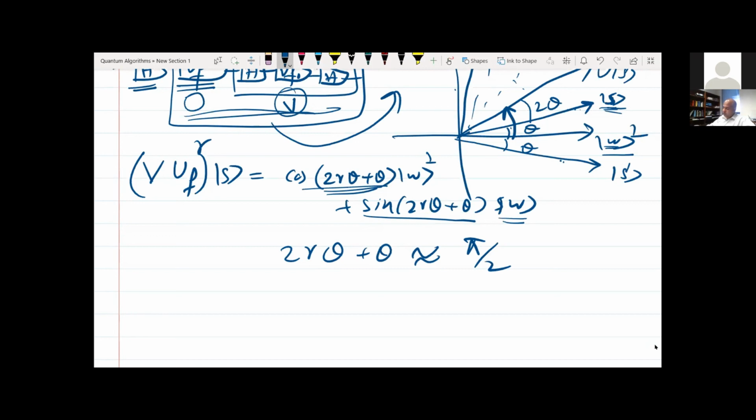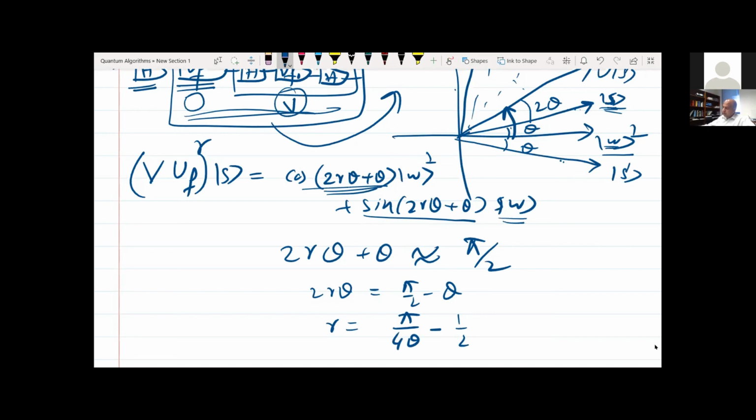And let's just compute this R and then I'll get back. So I want to find R. So let's say 2R theta is pi by 2 minus theta, and R is equal to pi over 4 theta minus half.